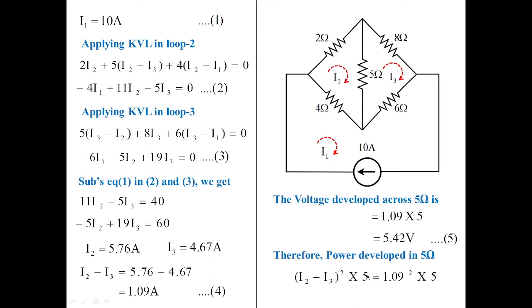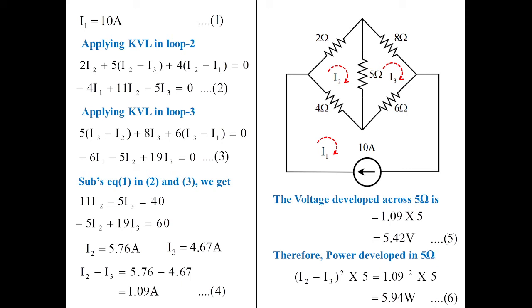Taking the help of current, that is I2 minus I3 whole squared into 5, this value will give you the answer as 5.94 watts. Now you can see with the help of mesh analysis, we have solved the given circuit and obtained the value of voltage as well as power.